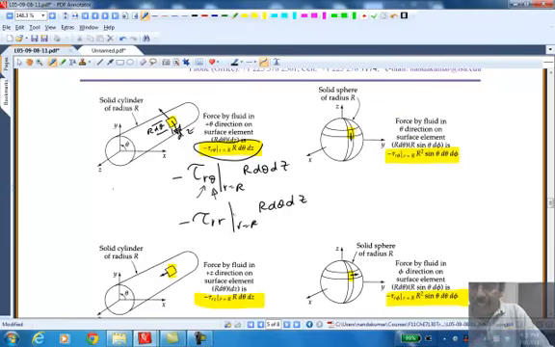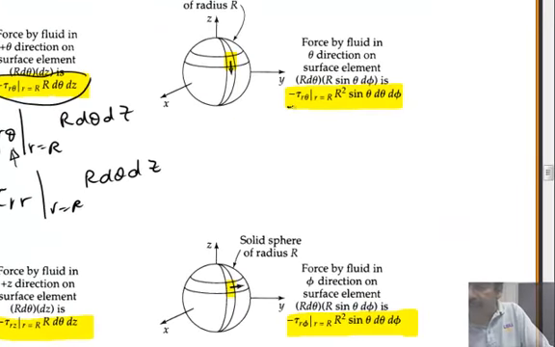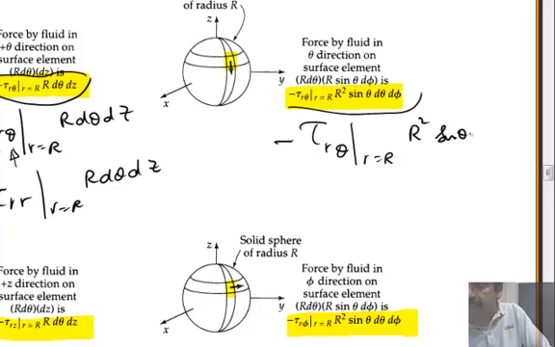That's what this expression means. The same thing here. So here minus tau r theta on the surface, but it is r square sine theta d phi. So what are we calculating? We are calculating on the r surface, again a spherical surface, but in the theta direction.